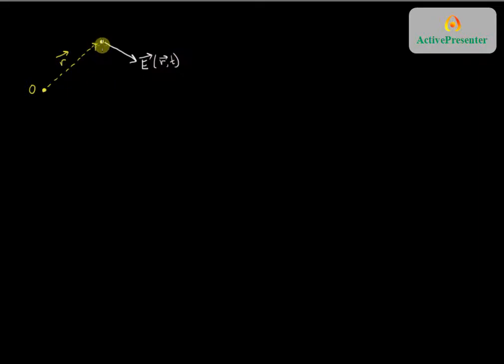Now, we want to learn something about the electric field in that location. What do Maxwell's laws tell us? Well, Maxwell has a law that in the integral form says this.